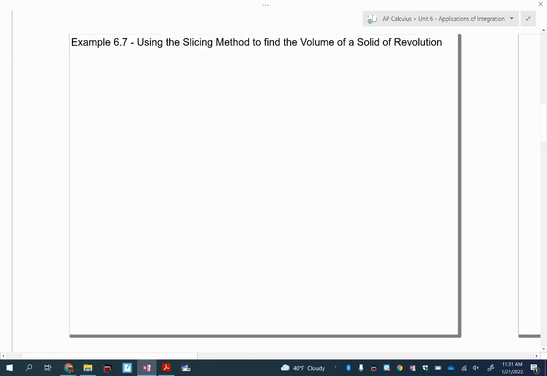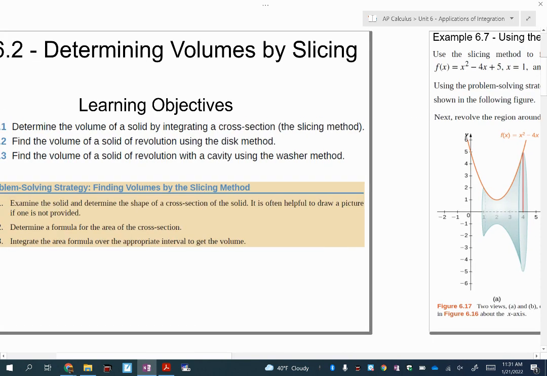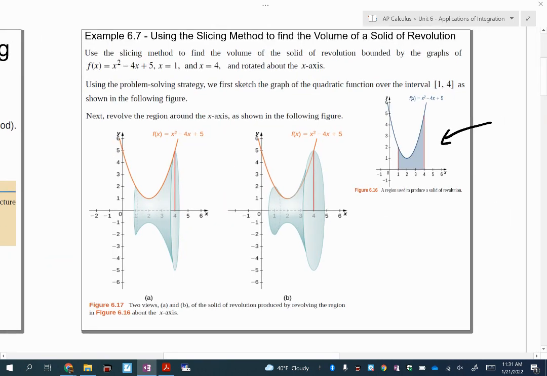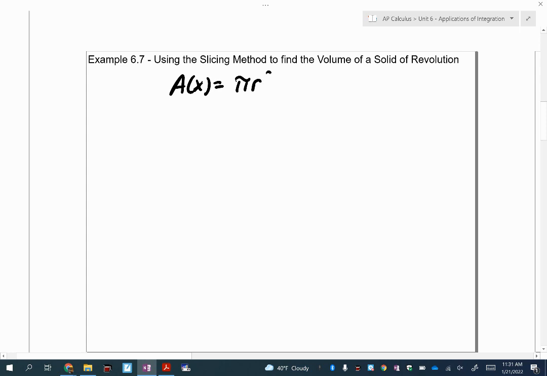Okay, so I'm going to do the integral. Actually, first, I'm going to find the area of one of these subsections. If you look here, the area of one of these is going to be a circle. So if I were to slice this piece right here and you turned it, you would see that that's a circle. And you guys know that the area for a circle is pi r squared.